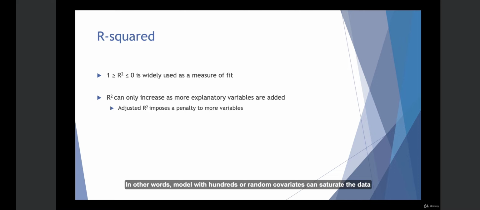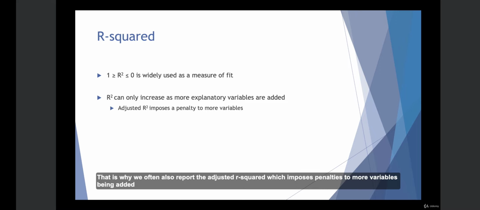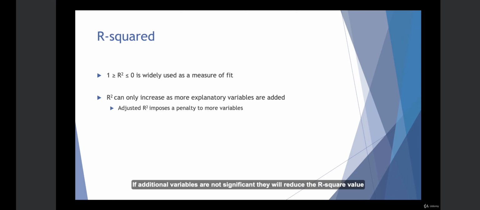In other words, models with hundreds of random covariates can saturate the data and produce artificially high goodness of fit statistics. This is why we often also report the adjusted R squared, which imposes penalties to more variables being added to models. If additional variables are not statistically significant, they will reduce the adjusted R squared value.